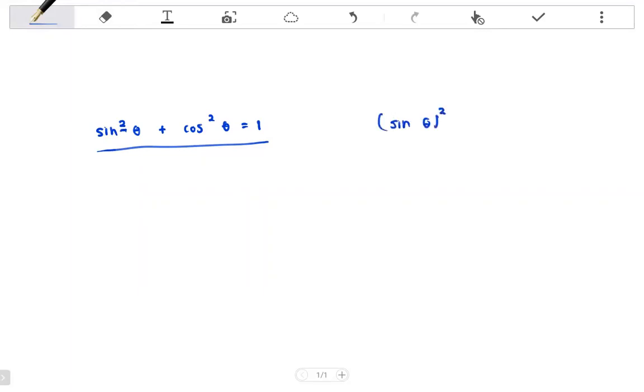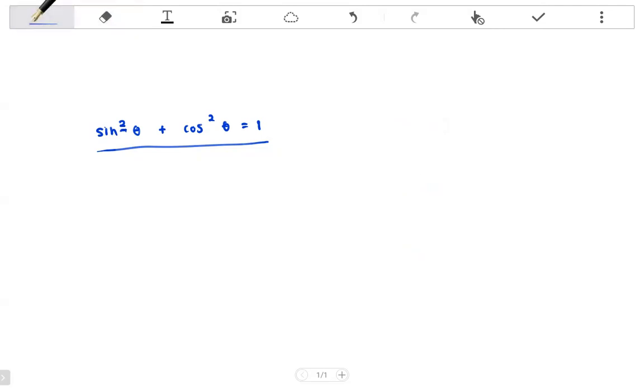We don't write it as sine theta squared like that because it's confusing whether the squared is referring to the angle squared or the whole thing squared. So when it's the whole thing squared, we actually put it before the angle. So sine squared theta like that. Because those two are very different things.